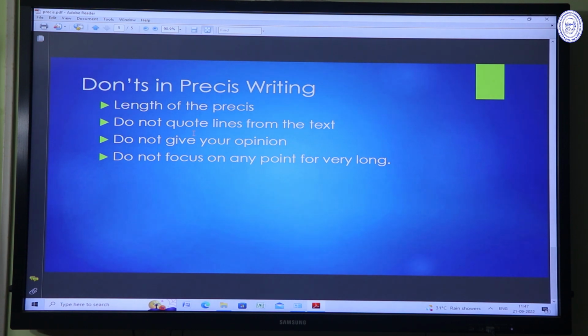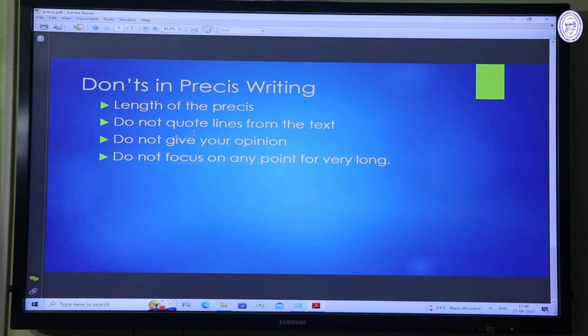Then, do not quote lines from the text. Sometimes when you deal with a passage where the language is a little elevated or enticing, it is not unnatural to feel allured to take a few lines from the passage because the lines are so good, but you are not allowed to do that.